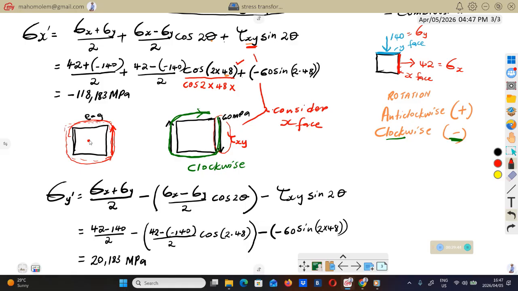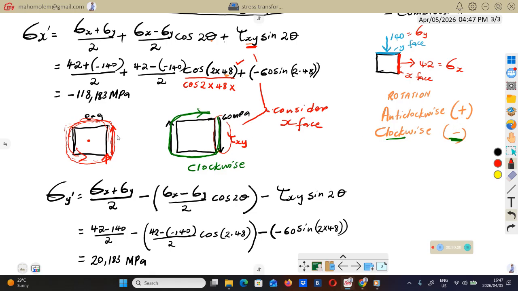Or if you fix this thing here and then push this thing from up, it will rotate in an anti-clockwise direction. So anti-clockwise direction will be positive.